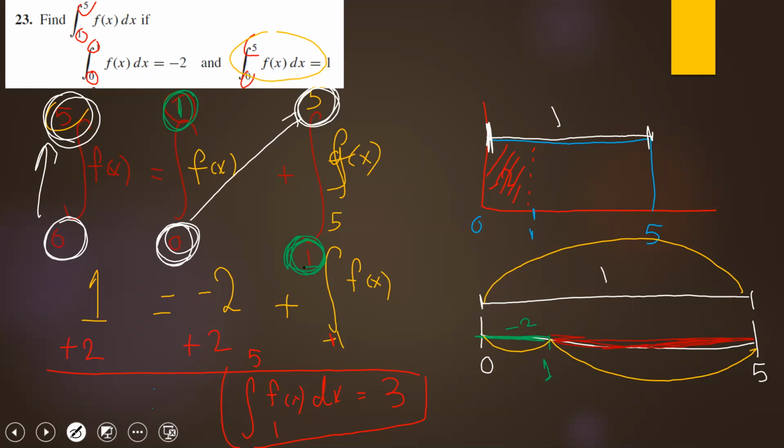So from 0 to 5, it's from 0 to 1, and then from 1 to 5, the same as if you go from 0 to 5. Now, they asked me to find from 1 to 5. This is unknown, but I have from 0 to 1, and I have from 0 to 5. By subtracting, you will get the answer.